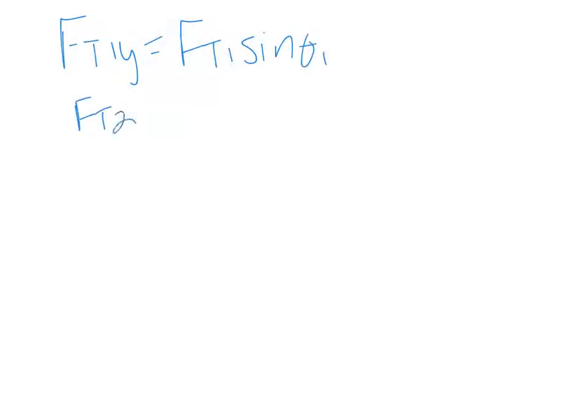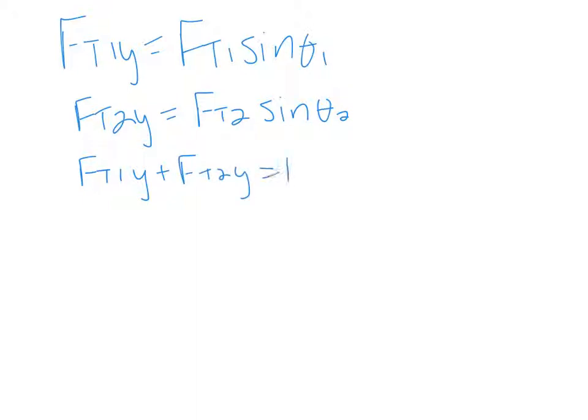Okay, now let's look in the y direction. We know that Ft1y equals Ft1 sine theta 1, and Ft2y equals Ft2 sine theta 2. So when we do Ft1y plus Ft2y equals Fg, this becomes Ft1 sine theta 1 plus Ft2 sine theta 2 equaling Fg.